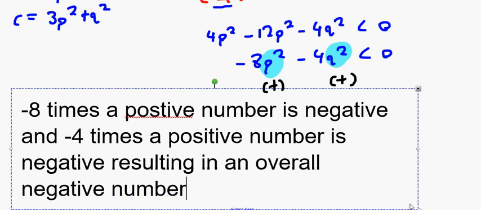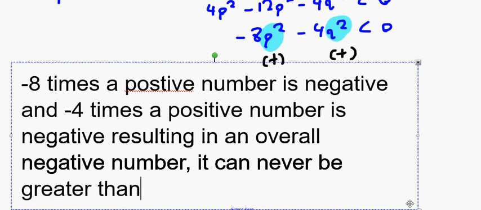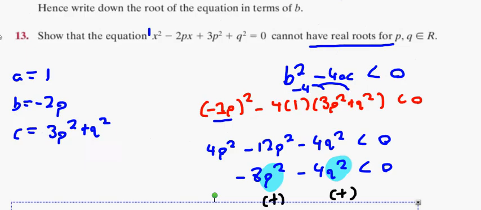Makes sense, does it? Minus 8 times a guaranteed positive number, minus 4 times a guaranteed number is a negative, resulting in an overall number, which means it can never be greater than 0. That makes sense? Hopefully. Alrighty. And we're done.